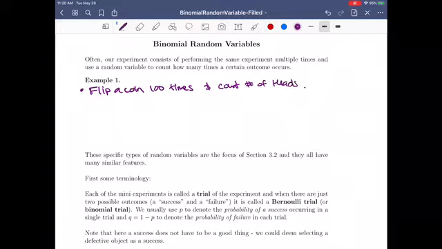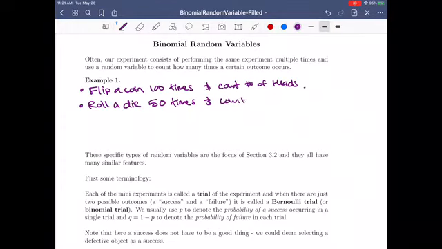You might roll a die multiple times, 50 times, and count the number of sixes that you roll or something. Maybe you want to do a survey.